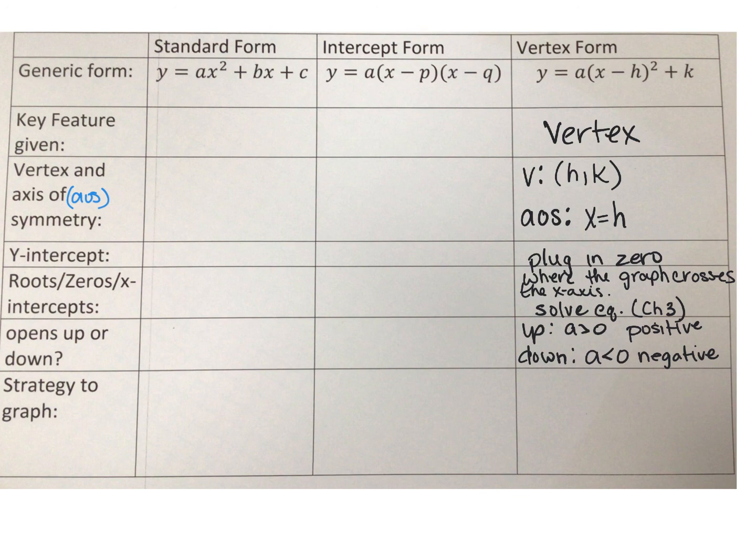And our strategy to graph is to make a table with 2 numbers less than and 2 numbers greater than the x value of the vertex, h. So we're just going to make a table after we have that vertex in the middle and plug in the values.